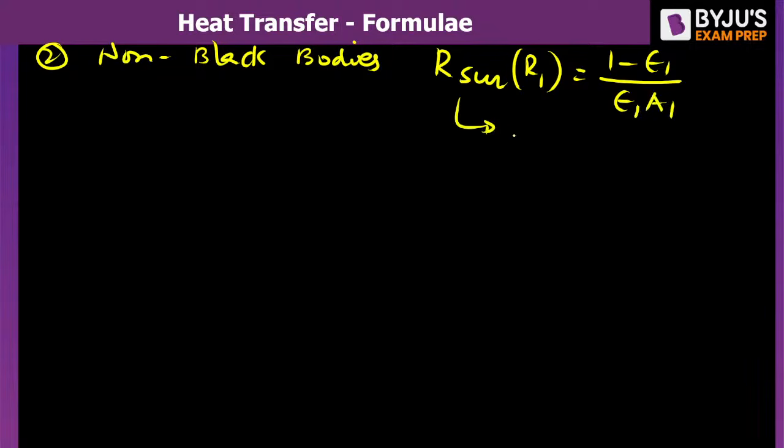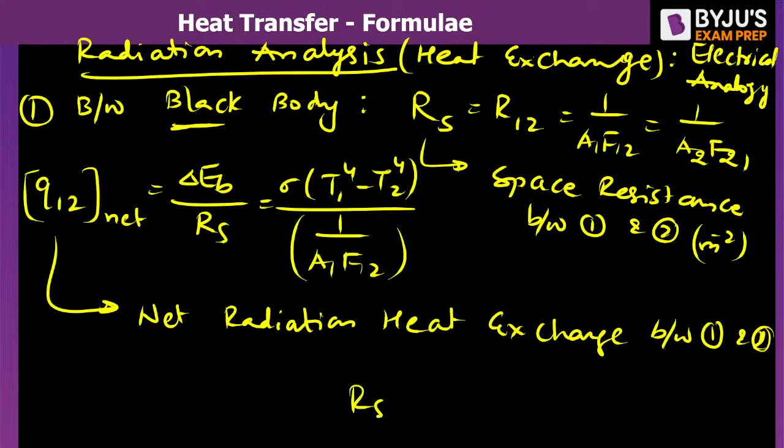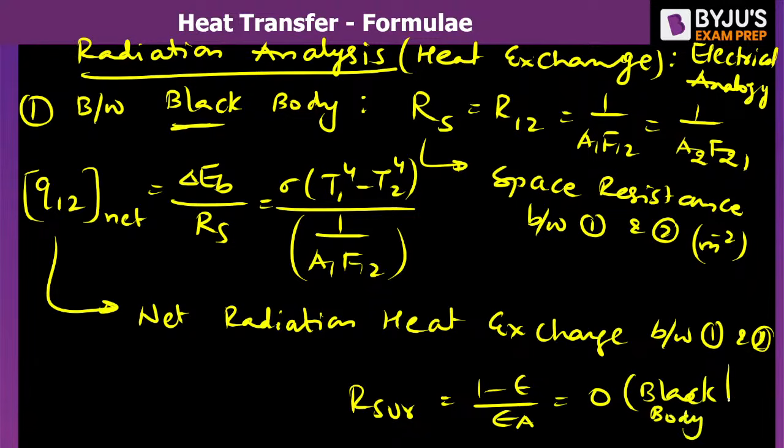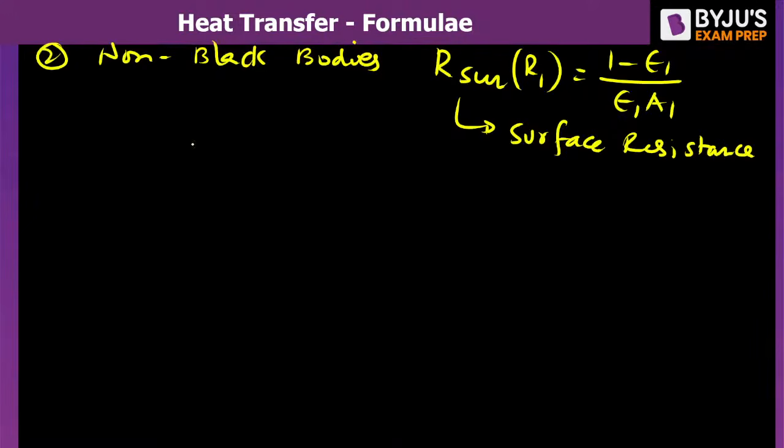That is called surface resistance. For black bodies, surface resistance, that is 1 minus epsilon upon epsilon A, is equal to 0. For the black body, surface resistance will be 0, but here there will be surface resistance.